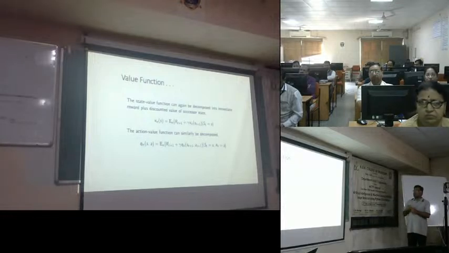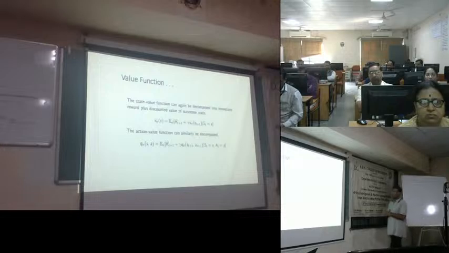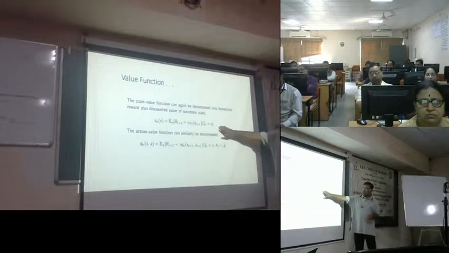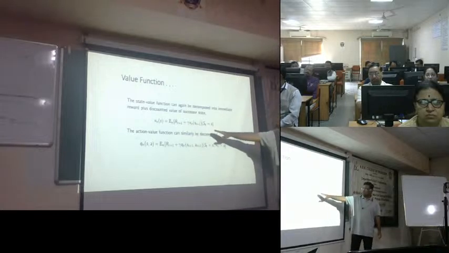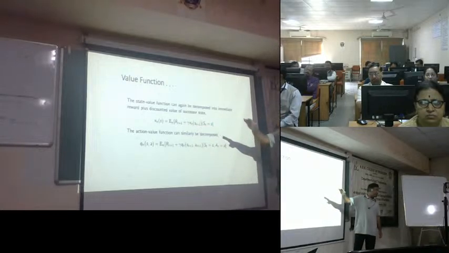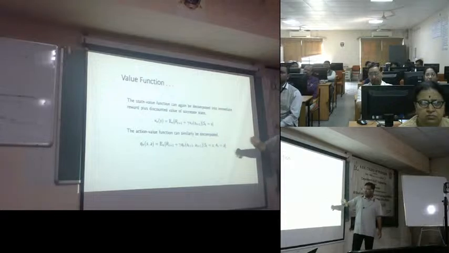So the value function of S for state, which we have already seen, is the expected value of the current reward plus gamma times the discounted value of the reward from the next state.